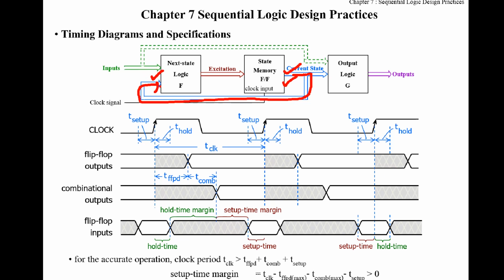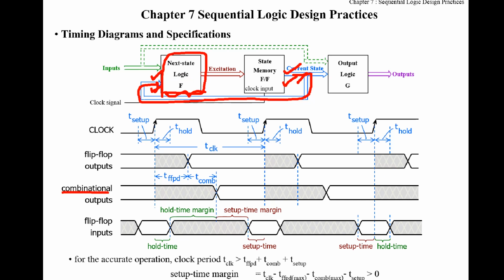Don't forget that the output of the flip-flop is one part of the input of next state logic F. And because next state logic F is a combinational circuit, this circuit F also has some propagation delay based on the number of logic gates and layers of the circuit.